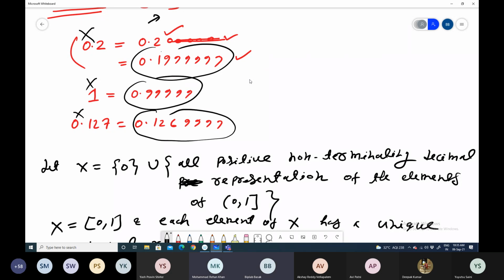But 0.199... is a different number, no? No, both are the same. That is ninth standard knowledge. They are not different.